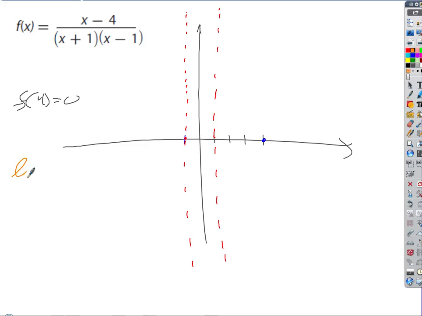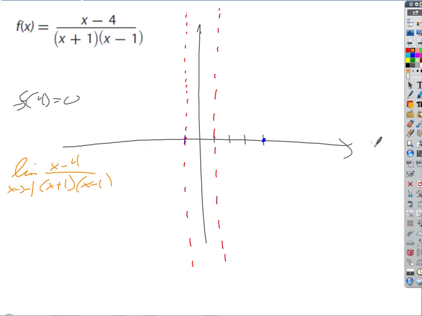So if we take the limit of f of x as x approaches, how do I say 1 from the left? Remember from yesterday, we're approaching negative 1, but if we want to say we're approaching from the left, we're approaching from the negative direction, right?